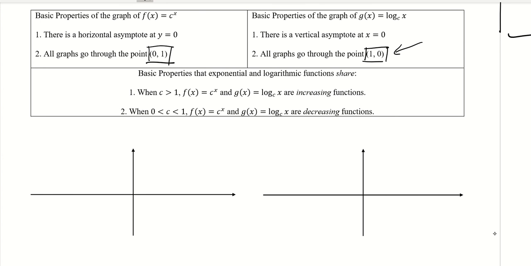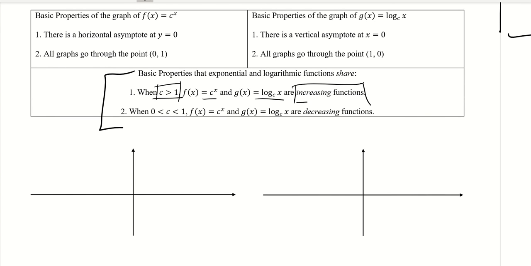We will swap those coordinates. So (0, 1) will become (1, 0). Now, there are also some basic properties that both of these functions share, and that's with respect to the base. When the base is larger than 1, and we have an exponential function or a logarithmic function, they will both be increasing functions.